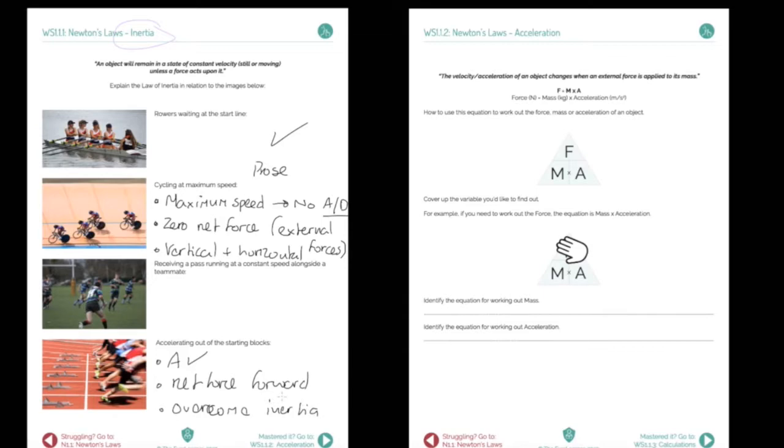My handwriting's terrible tonight. We'd almost go into Newton's second law by saying that the force applied to the blocks has to be sufficient to overcome that inertia. So the external force has to be big enough to get them out of that block. If they don't push hard enough, they're not coming out of there, right?